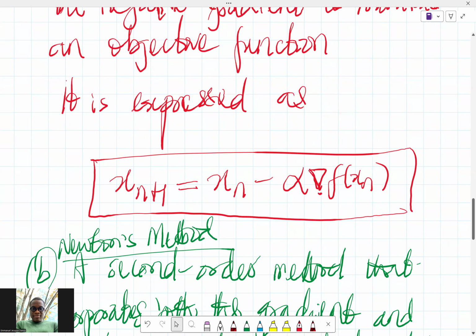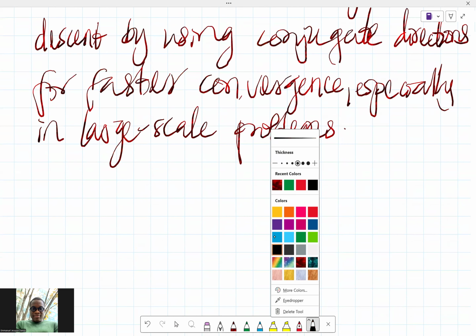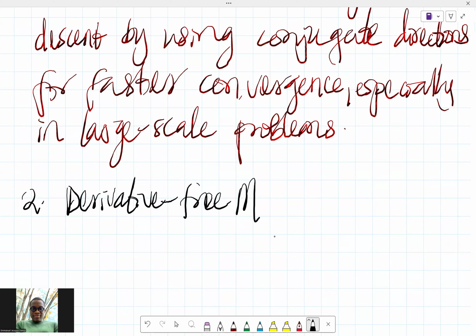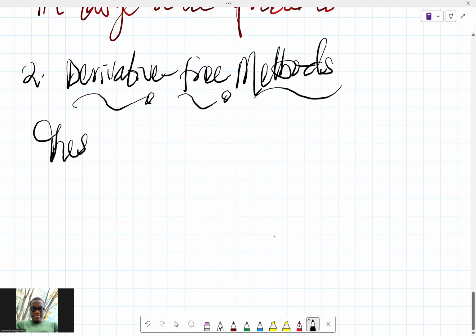So another set of techniques are what you can call the derivative-free methods. It is not every function that will be differentiable. In that case, you may be able to use derivative-free methods, where we don't need gradients, we don't need to be able to differentiate a function.